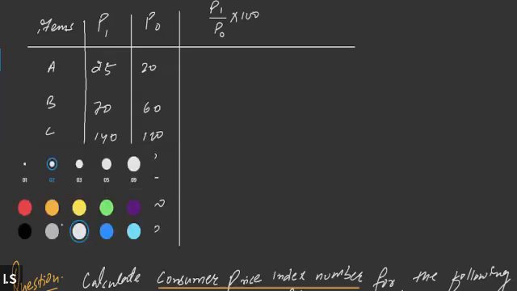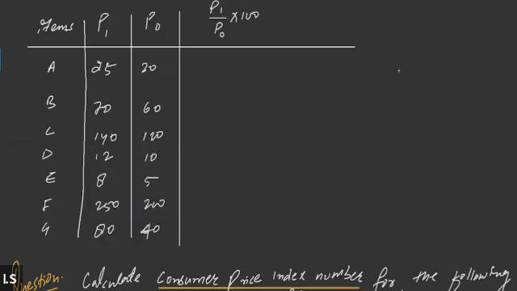Now we will find out the price relative. The formula for price relative is P1 by P0 into 100. So we will divide 25 by 20 and multiply it by 100. It will be 125.